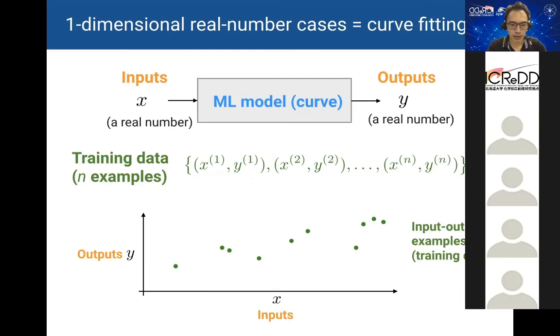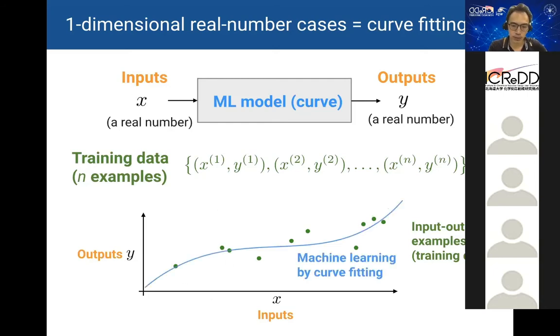Then if we have this kind of training data, where both input and output are one number, we can put the training data as points in this 2D plot. The x-axis is the value of the input number, and the y-axis is the desirable output number. If we have a set of training data, we can plot it here. And here, what machine learning should do is return outputs for any arbitrary inputs.